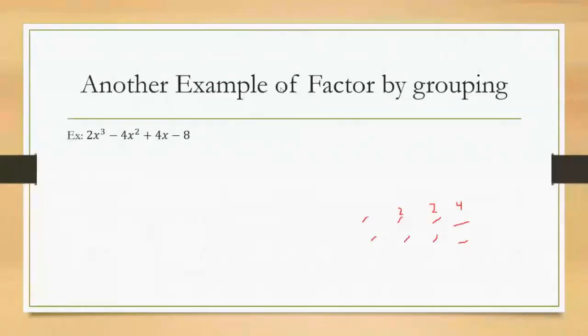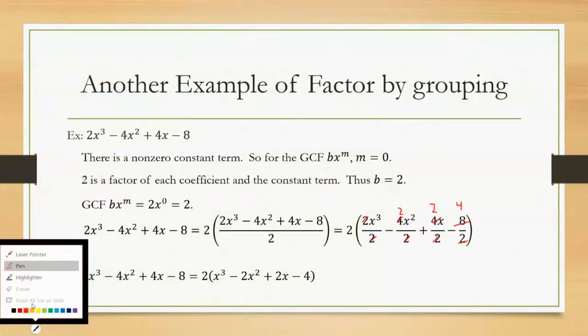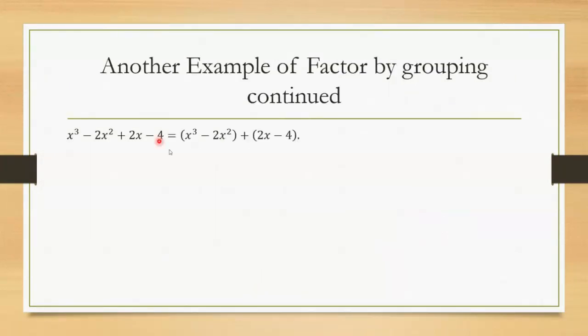Okay, so again, we're going to factor now this thing at the bottom, namely x cubed minus 2x squared plus 2x minus 4. So we're going to factor that.